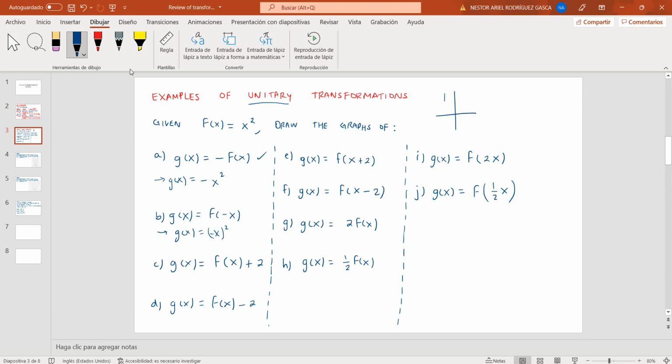If you can notice right away, for the parabola, let me draw the parent function f. There you go. If you reflect this function around the y-axis, basically you're going to end up with the same function, right? Because this branch will be reflected and it's going to look like this, and this branch is going to be reflected about the y-axis and it's going to end up looking like this. So this is going to be g.